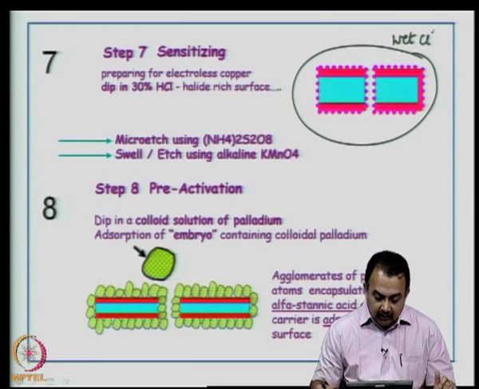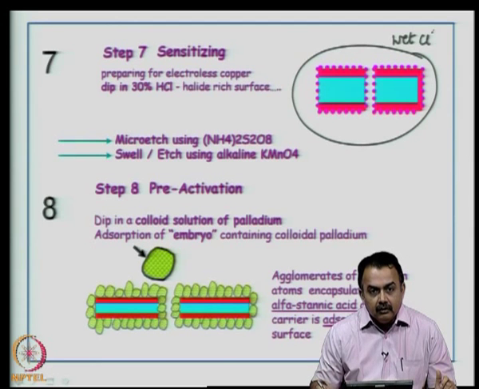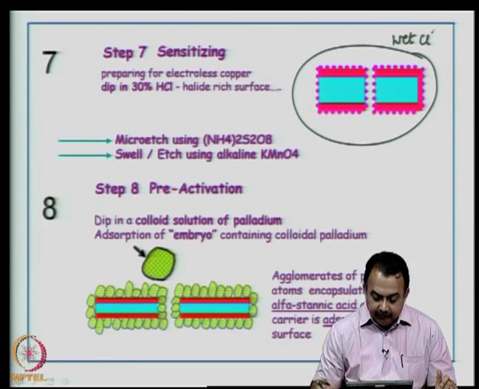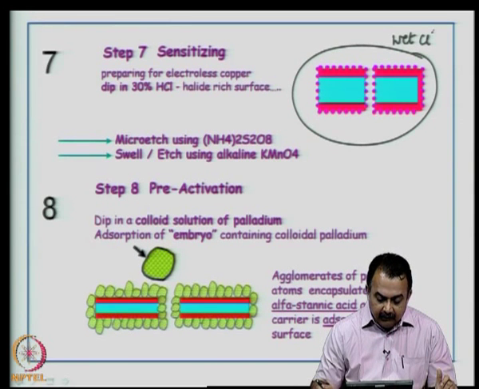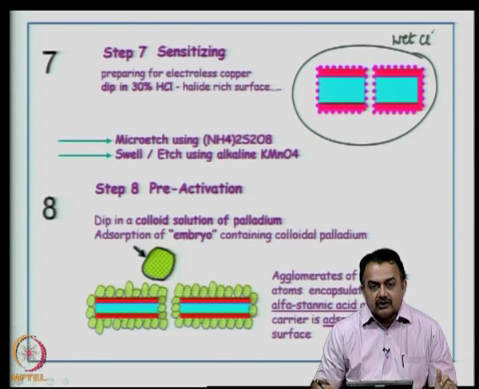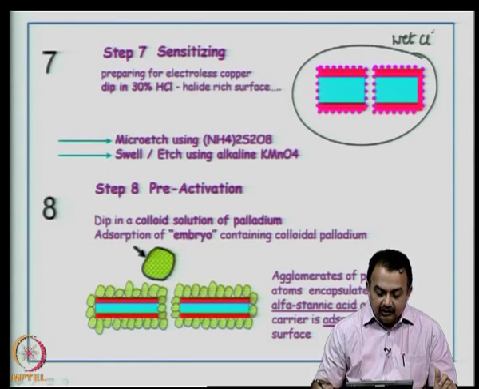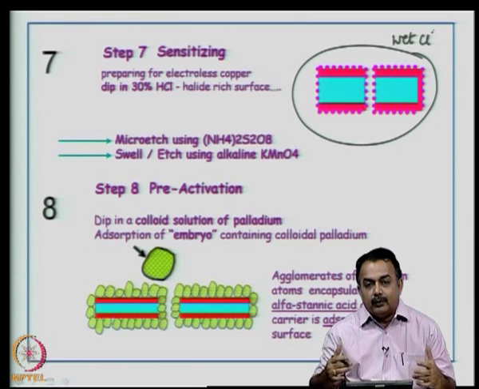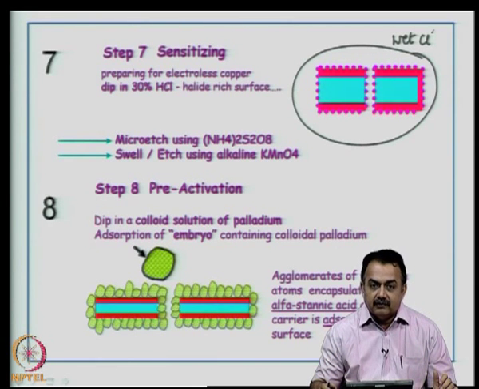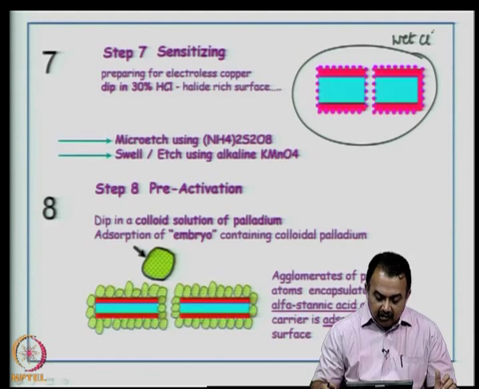Okay. Now, you do a micro etch using ammonium persulfate, which is a microetchant used to remove small amounts of copper. You can also use a swell etch chemistry using alkaline KMnO4 to slightly swell up the glass surface inside the through-hole wall, but these are additional steps.